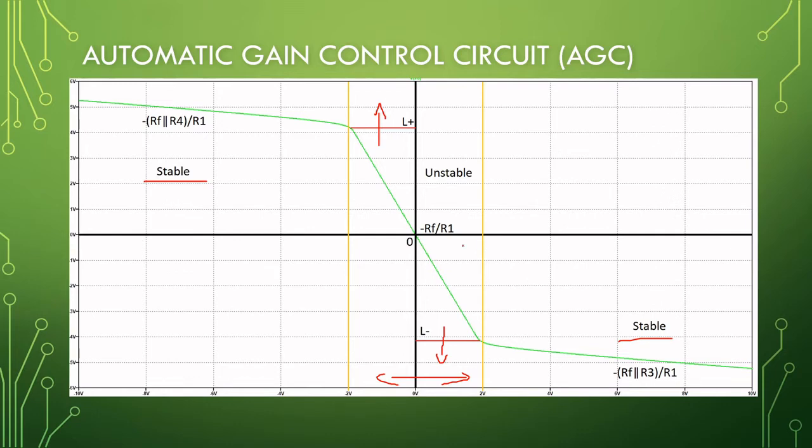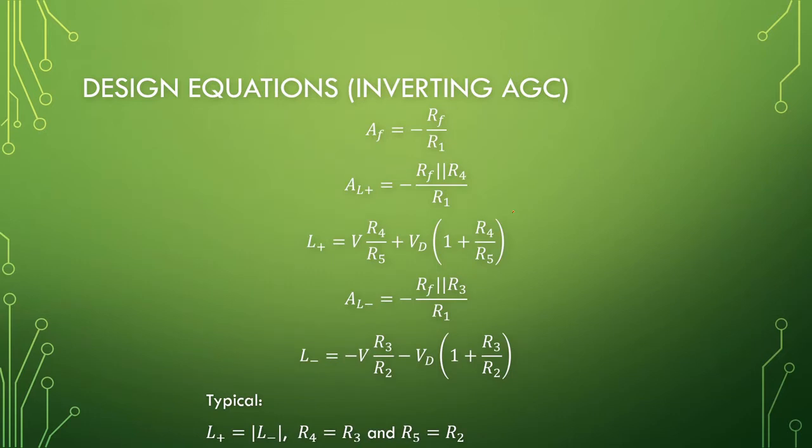So we have three different gains in this section right here. The normal gain would be minus RF over R1. For the positive limit, RF parallel to R4 over R1, and for the negative limit, RF parallel to R3 over R1.